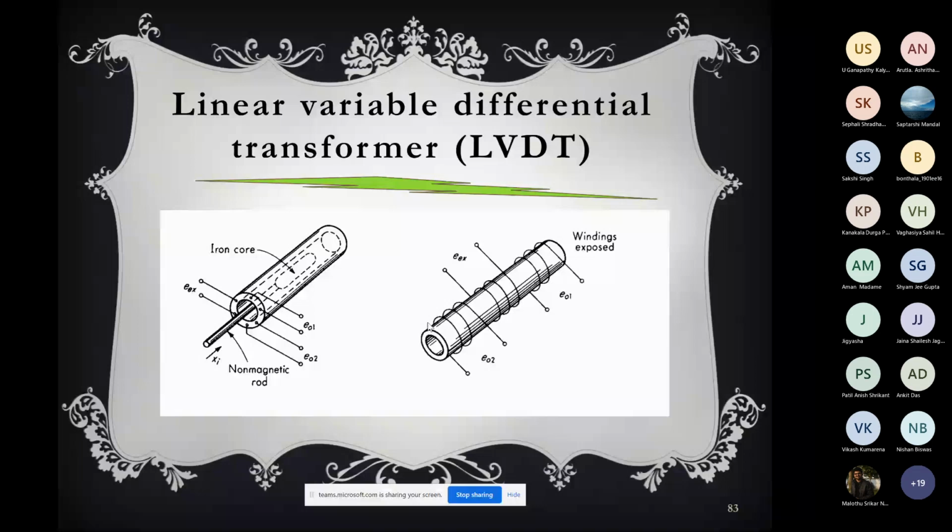Now, as I explained, there are two secondary coils. E01 is the output of the first secondary coil, E02 is the output of the second secondary coil. A voltage is induced in the secondary coil due to the principle of the transformer, and the amplitude of the induced voltage varies with the position of the core, because if the core position changes, the induced voltage also changes.